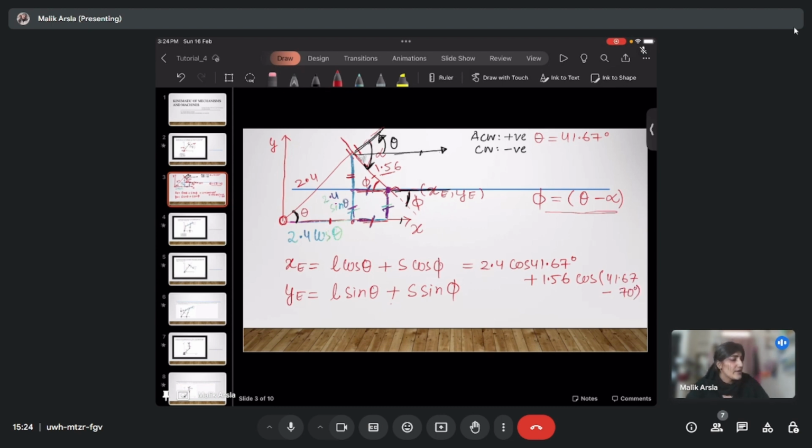Here you can see that cos of a negative angle is still positive, so this term will be added here. And for calculation of the y coordinate, it will be 2.4 sine of 41.67 degree plus S is 1.56 sine of 41.67 minus 70 degree. Here you can see that sine of a negative angle is minus sine of that angle, so this term will be subtracted.